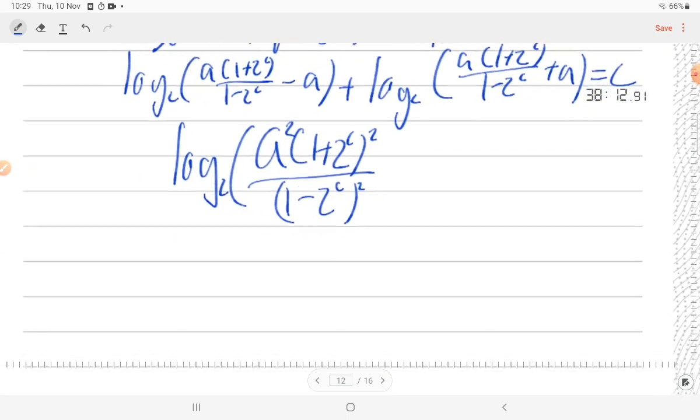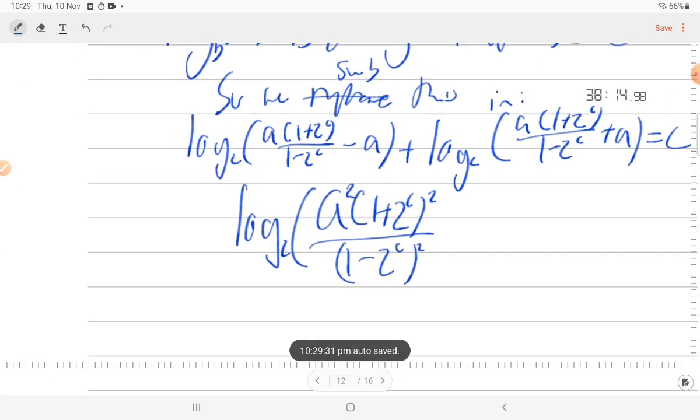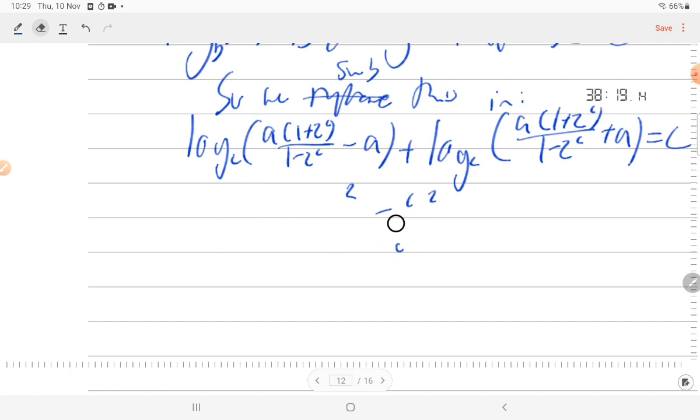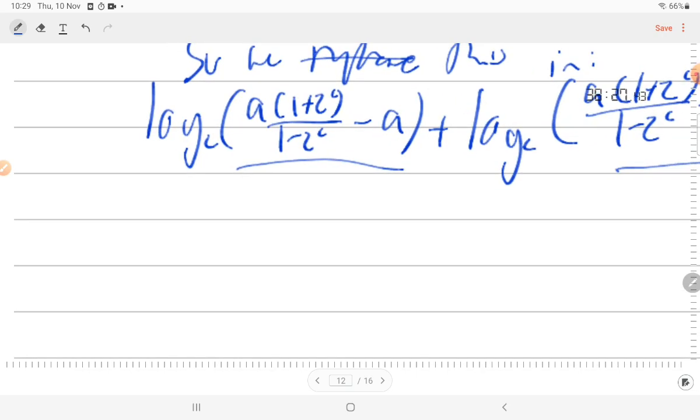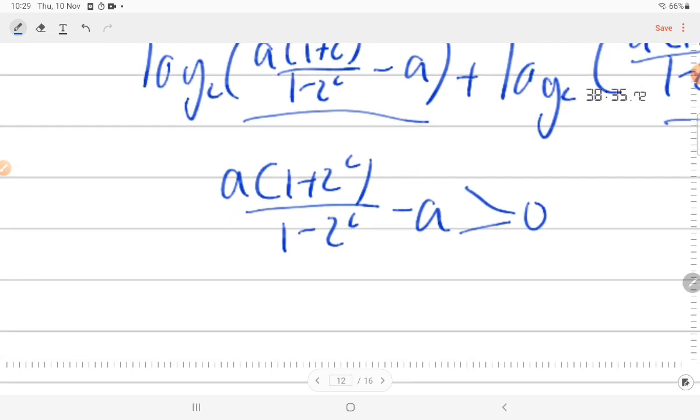Oh no, wait. No, we're not doing this now. We've already solved for c. So this has to be greater than 0 and this has to be greater than 0. So a brackets 1 plus 2 to the c over 1 minus 2 to the c minus a is greater than 0.